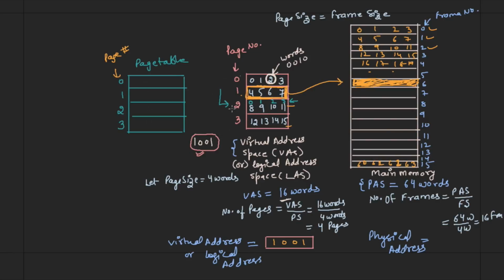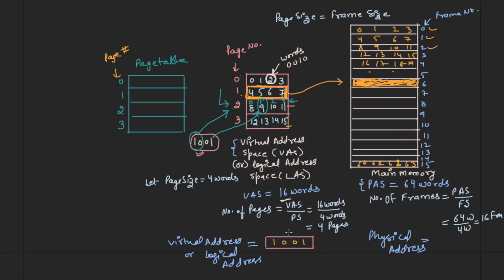So to represent the page number 2, I can represent it like this. This is representing that we are going to the page number 2, and this is represented by 1, and it is represented like this. So we can break this complete virtual address into 2 parts like this.